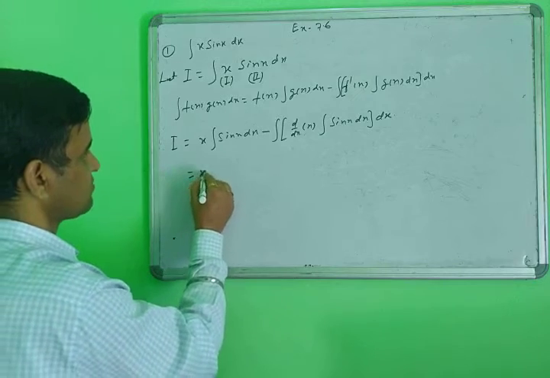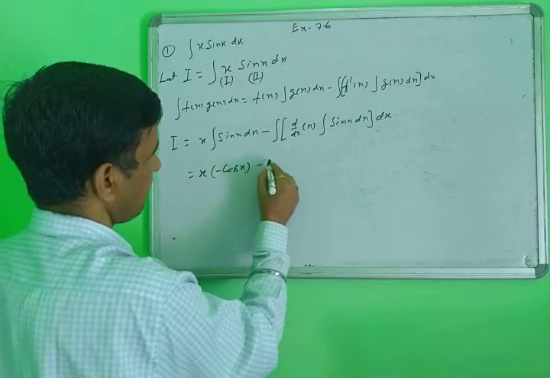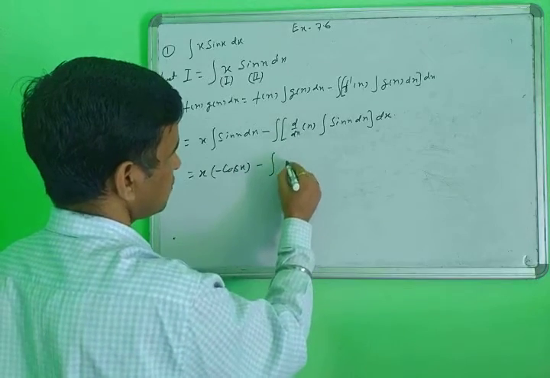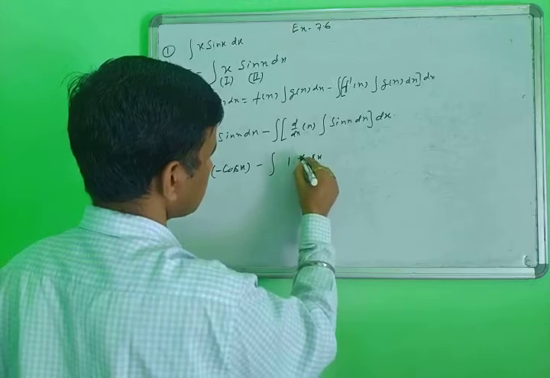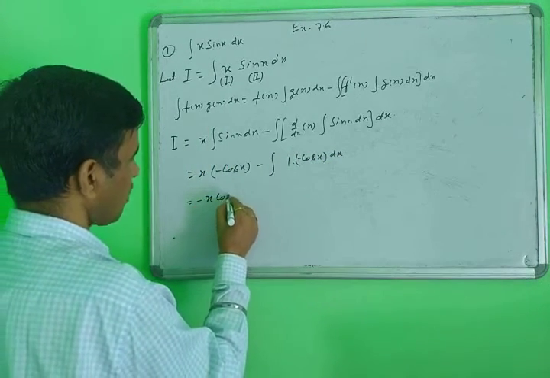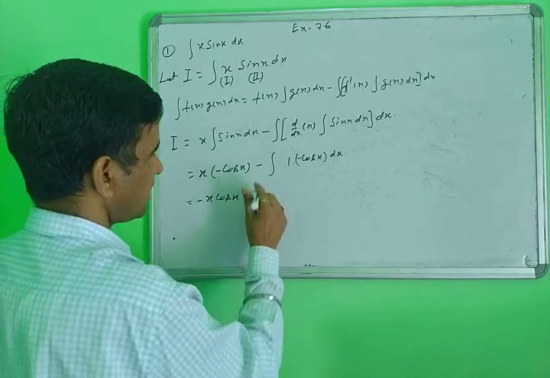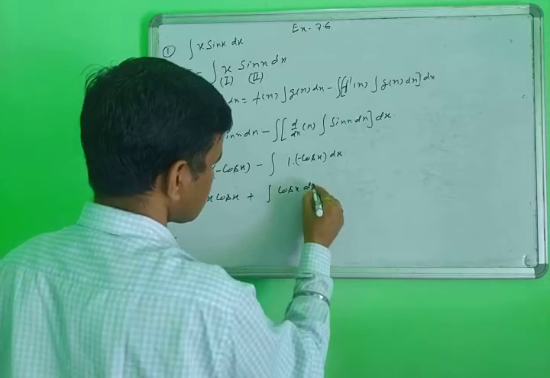Now solve it. The integral of sin x is minus cos x, so we get minus x cos x, minus the integral of the derivative of x times minus cos x, dx. That means minus x cos x, and minus minus becomes plus, so again you integrate cos x dx.